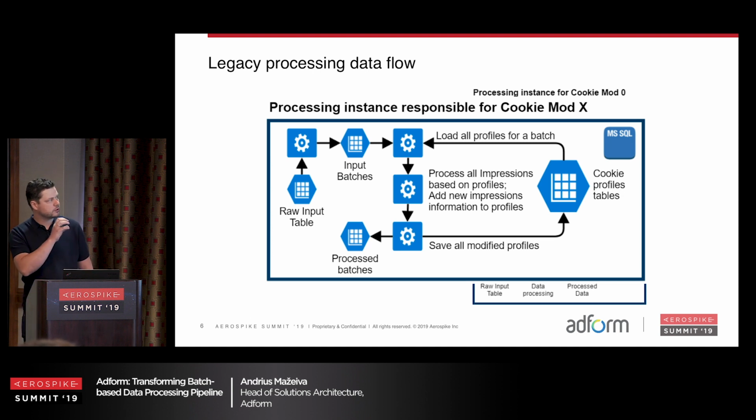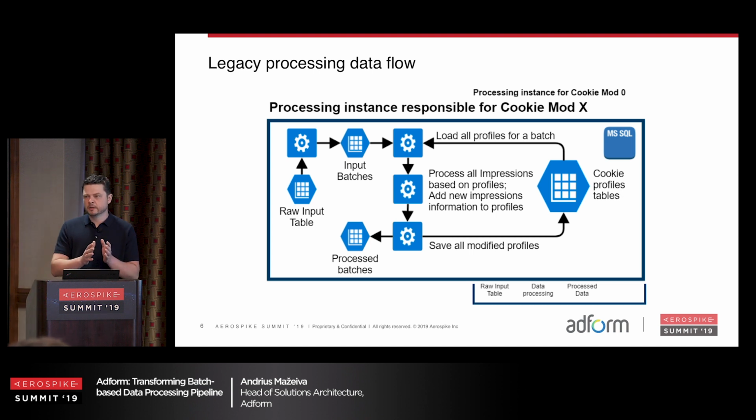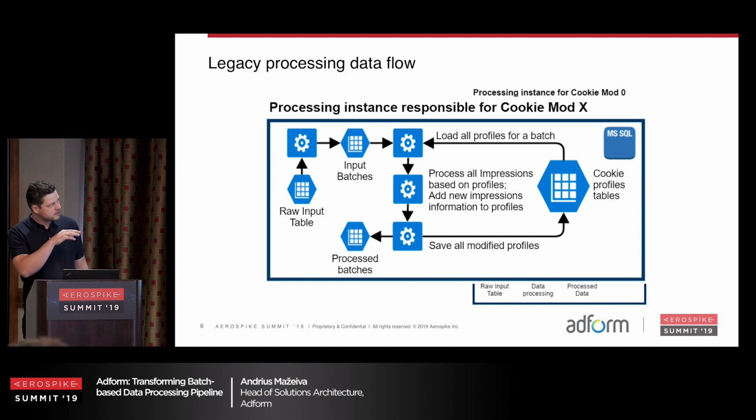And we have the so-called router, which is responsible for taking all the initial data from Kafka and routing it based on cookie ID mod 100. This means we are dividing all the traffic into 100 separate parts, which do not intersect with each other, because we can always determine which instance to send to. All this router runs on Storm in our case.